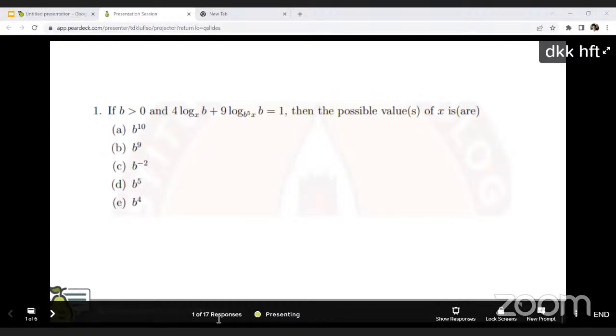I can see only one response here. You can apply the property here. They're not able to solve it, so that's why they're trying. Just remember those 10 properties that we have discussed just now. You can apply those properties here.